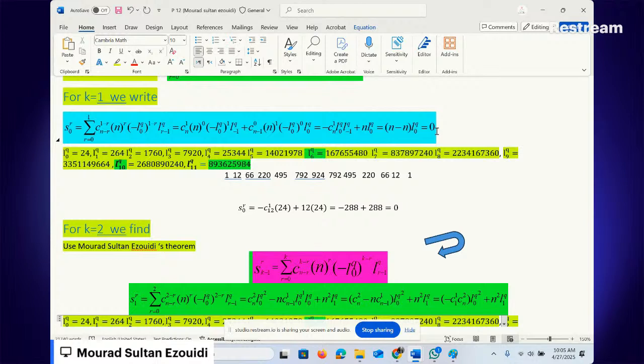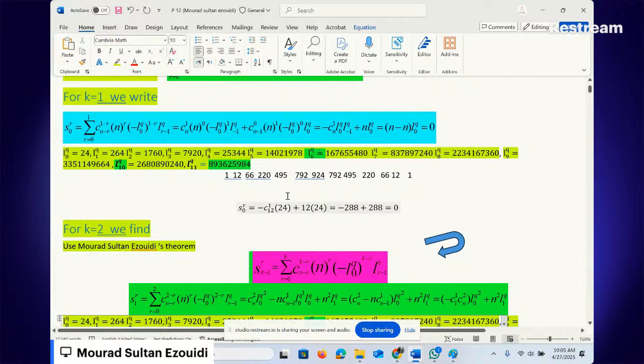Therefore, as S0 equals 0, it means that x1 plus x2 plus x3 plus x4 plus x5 plus x6 plus x7, that I'm going to find as exact symbolic roots, plus x8 plus x9 plus x10 plus x11 has to be equal to 0. Why? Because S0 is equal to 0 according to the theorem.